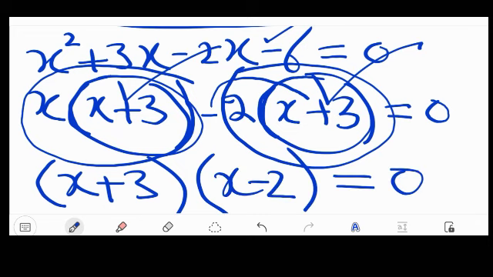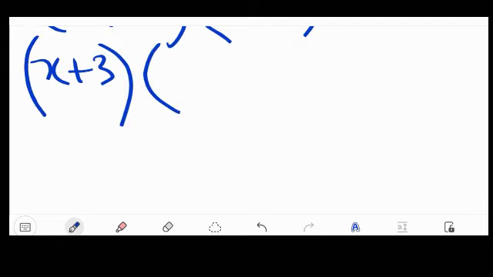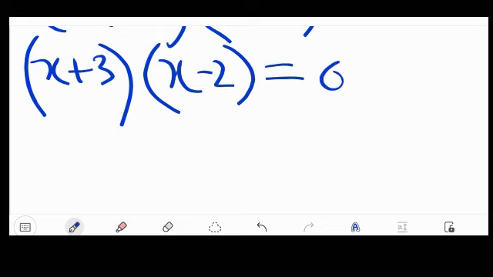These are two factors, x plus 3, x minus 2. These are called factors. Now x plus 3 and x minus 2 is equal to 0. Now equate both of these factors to 0.